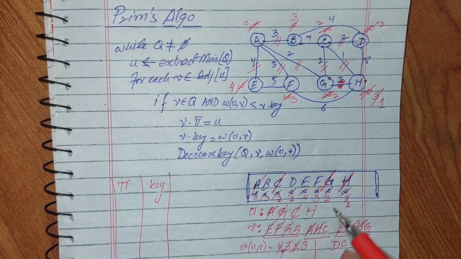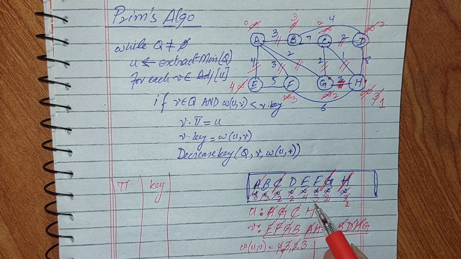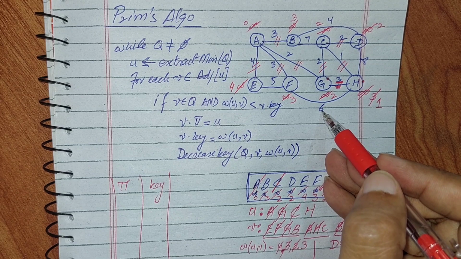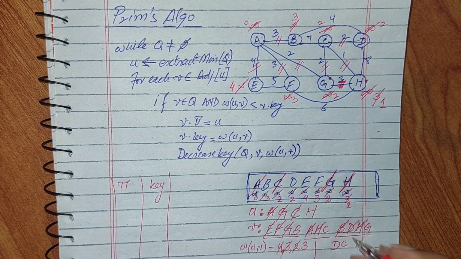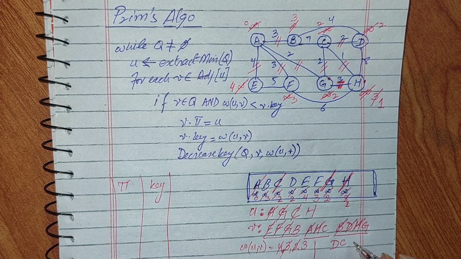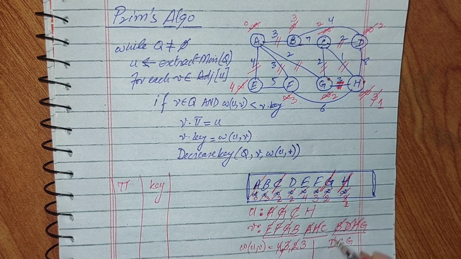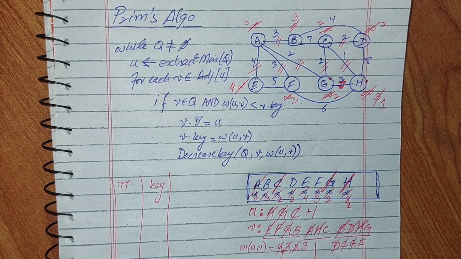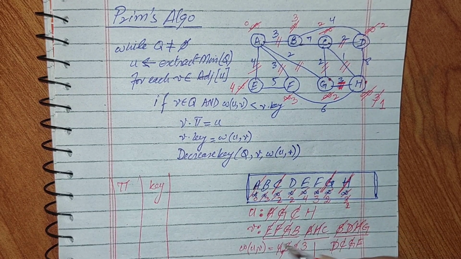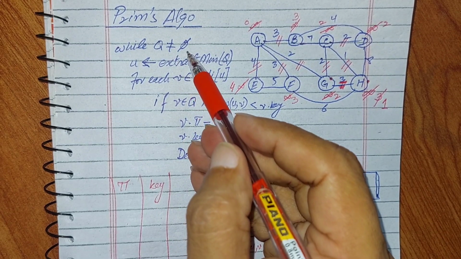The next neighbor is F, which is in the queue, but the weight of UV is more than the key of F, so it is not going to be updated. So G, C and F, we are done with this one, and then we will come back to this line and check whether the queue is empty.